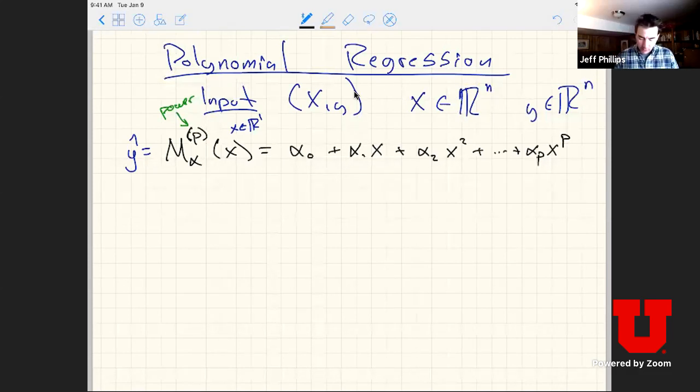Okay, and you can rewrite this in a compact form as the sum j equals 0 up to p of alpha j x to the power j. Remember, when I take x to the power 0, it becomes a 1. When I take it to the power 1, it doesn't do anything. When I take it squared, and so forth. So this is just a compact way of writing this model, right?